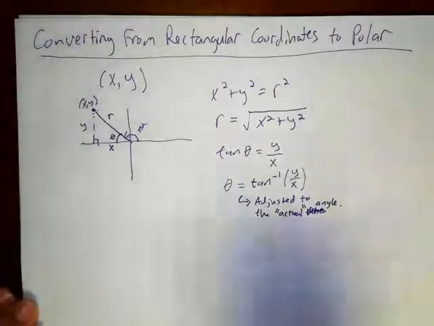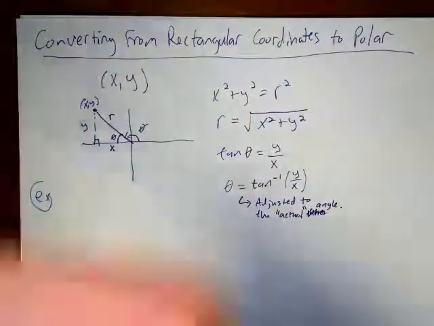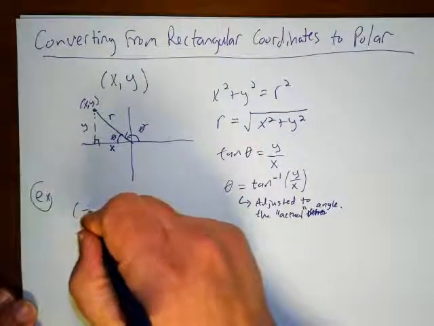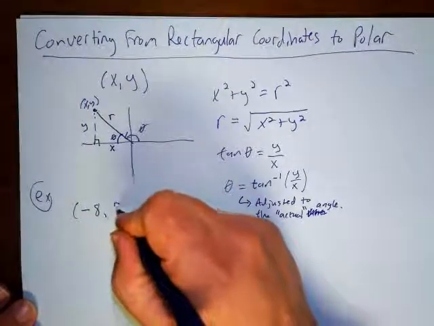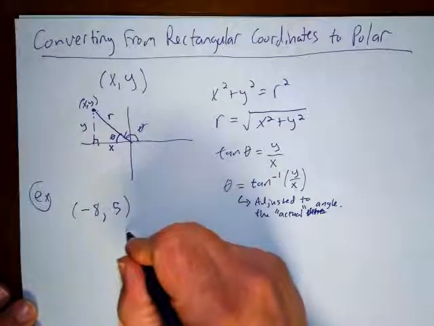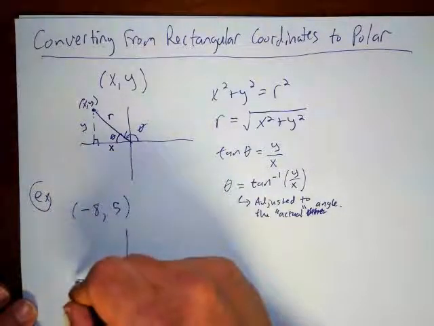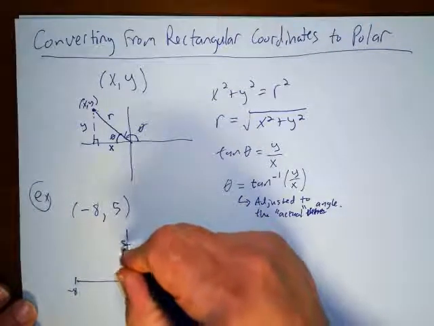So let's actually do one here. And let's do one that's over in this quadrant down here, if we can do that. So let's say we have -8 and we'll say 5. Okay? So basically -8 is way over here, and then 5 would be up here somewhere.